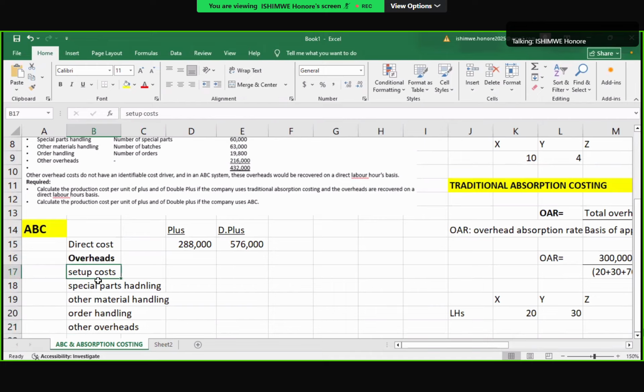These are all our overheads that happened. That is in ABC. Then in absorption costing, we'll be having only overheads.